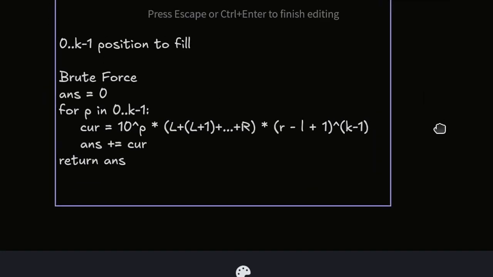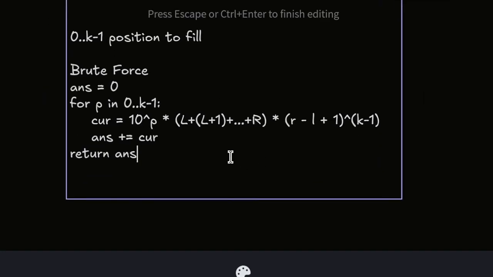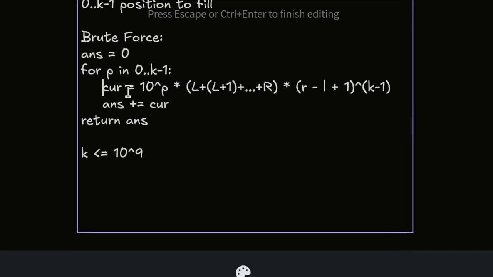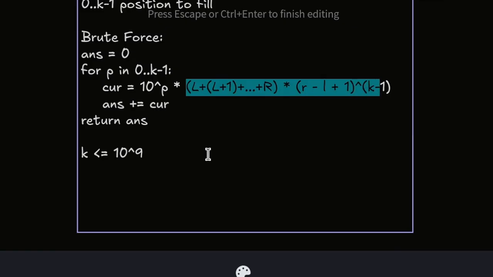Okay, that's pretty much the brute force solution. But as we know, k can be really large. K can be about 10 to the power of 9. So this wouldn't work. But if you look closely, you will notice this just keeps repeating itself.